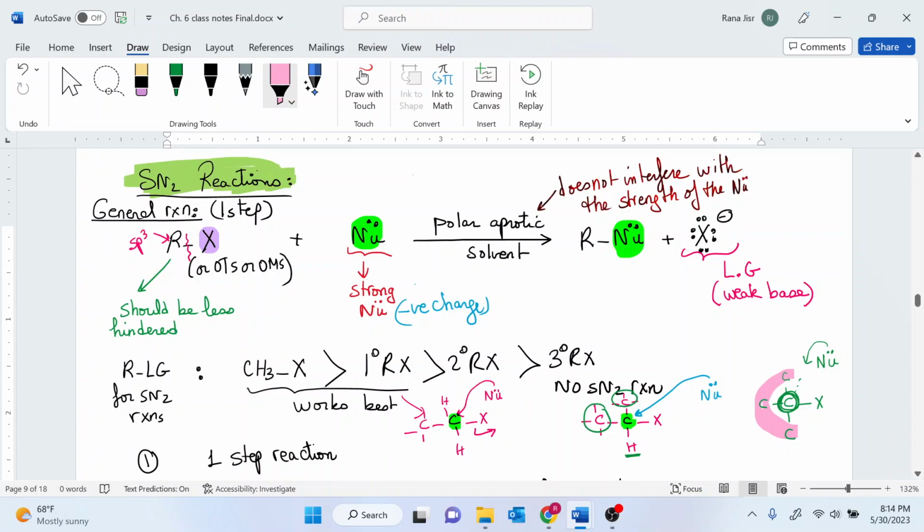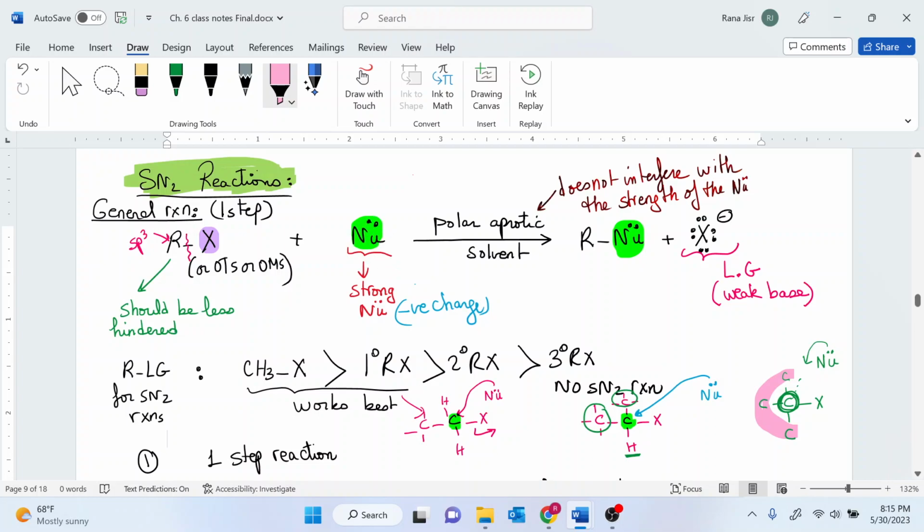For the nucleophiles, always use a strong nucleophile, which is a negatively charged one. And for the solvent, always use a polar aprotic solvent. We said that polar aprotic solvents do not form hydrogen-bonding intermolecular forces, and they will not solvate the nucleophile. So they will not decrease the strength of the nucleophile.